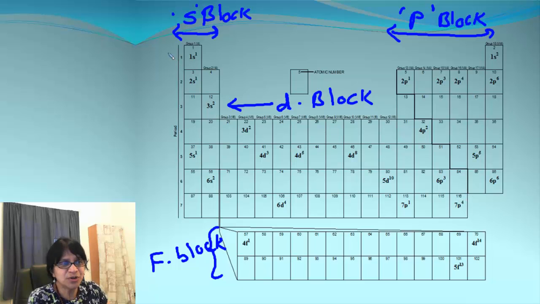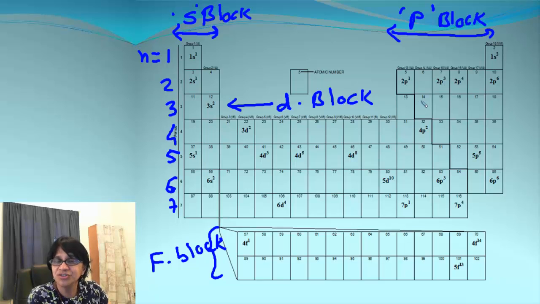Actually, each row or period of the periodic table corresponds to the principal quantum number which we learned in an earlier video, which is just n equal to 1 and so on. When we are in S block, we will use the letter S. When we are in P block, we'll use the letter P, and so on.